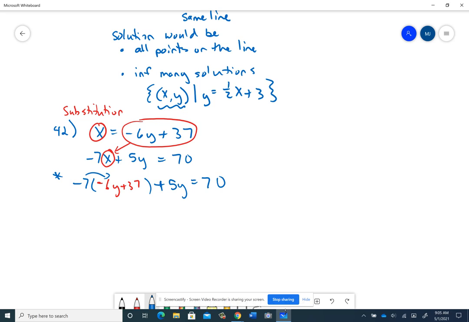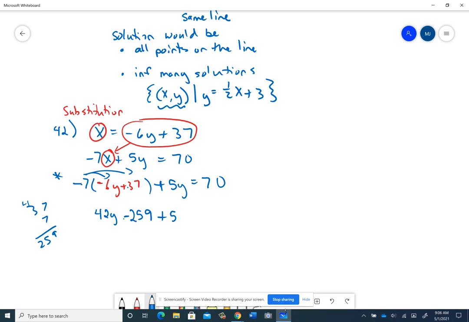So now I'll distribute, and I get 42y minus, shoot, I don't have my calculator, let's see. It's a 9, I've got to do 37 times 7. So it's 259. And it's negative because that's a negative times a positive.